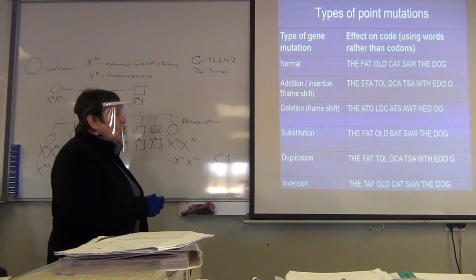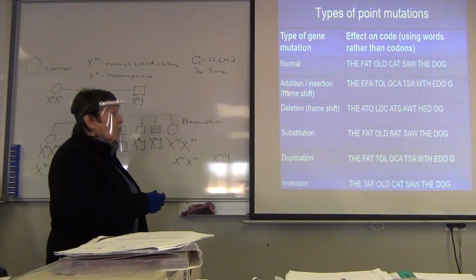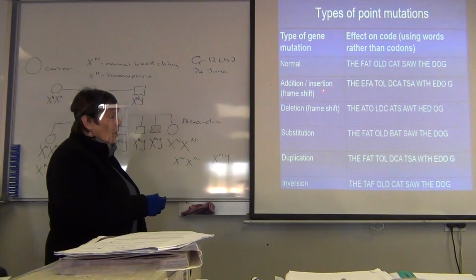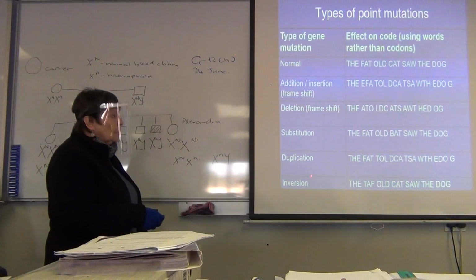The ones you know are insertions. It's also called an addition, but it's preferred for the IEB for you to call it an insertion. It wouldn't mark you wrong if you said addition, but rather say insertion. A deletion, a substitution, a duplication, and an inversion.